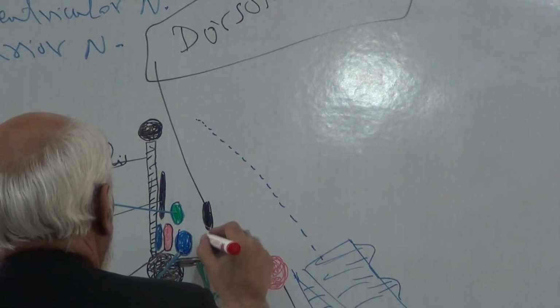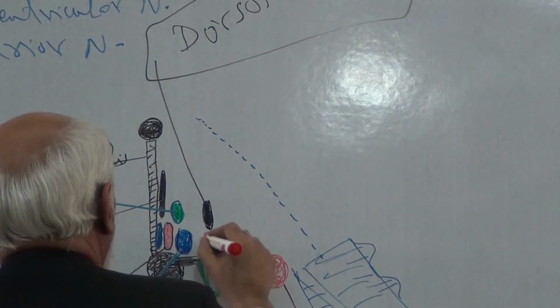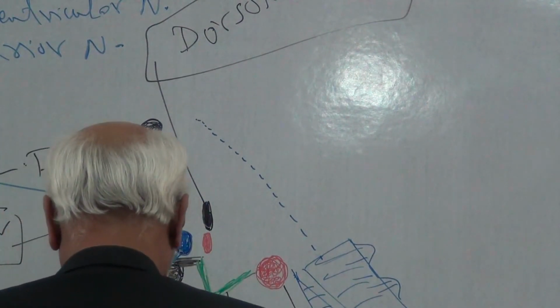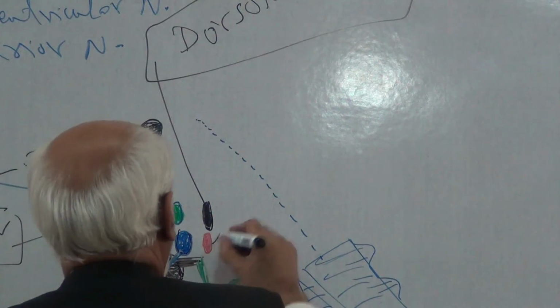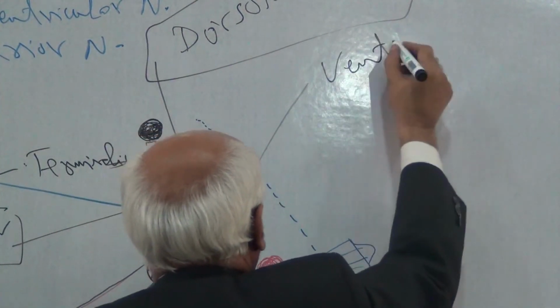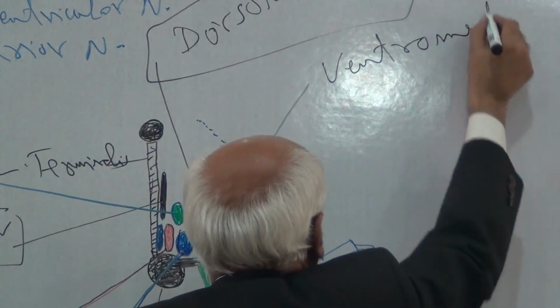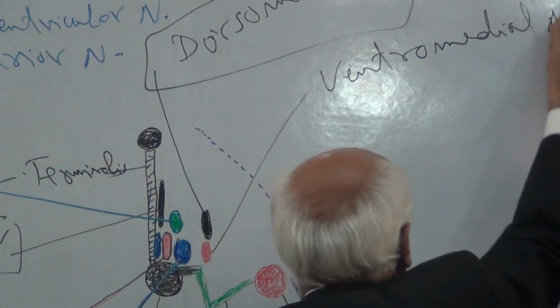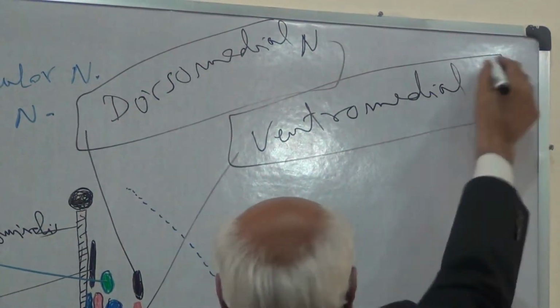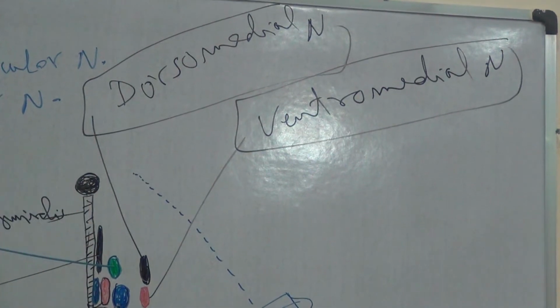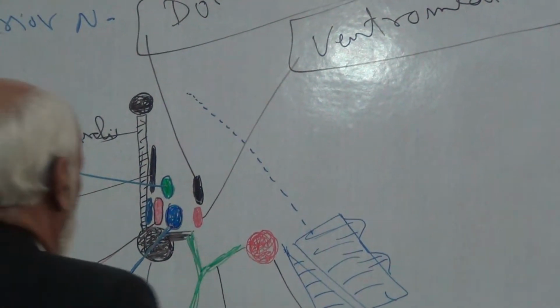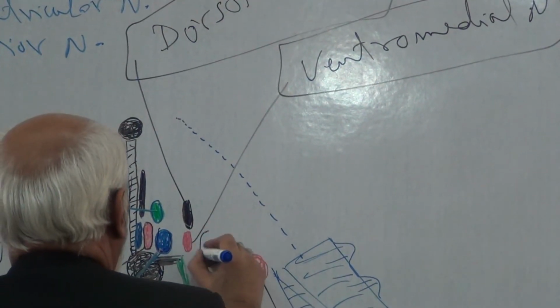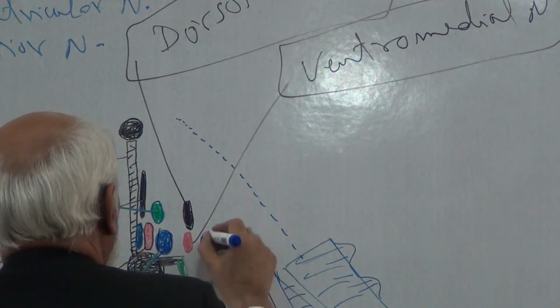Ventromedial nucleus and arcuate nuclei.